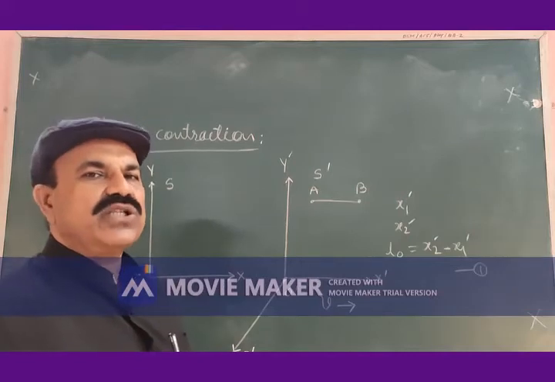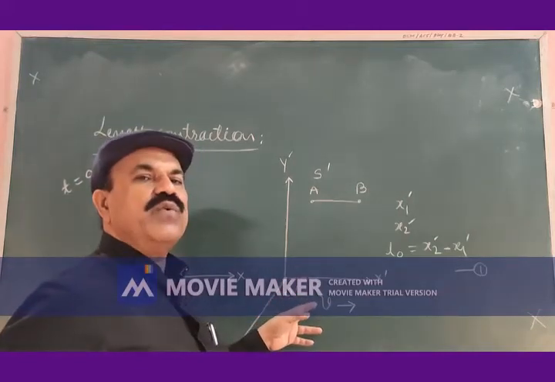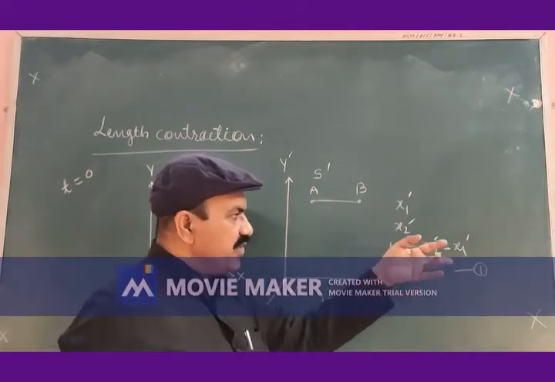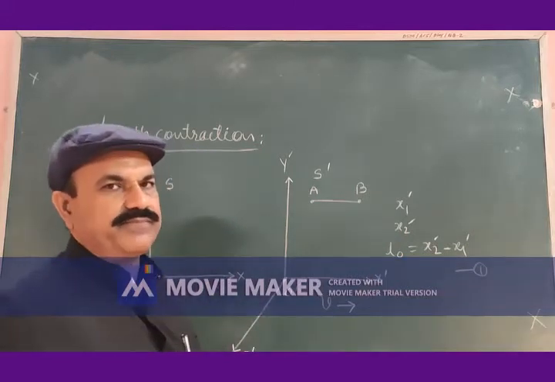Length of the rod as measured by the observer O prime is L0 is equal to x2 prime minus x1 prime.